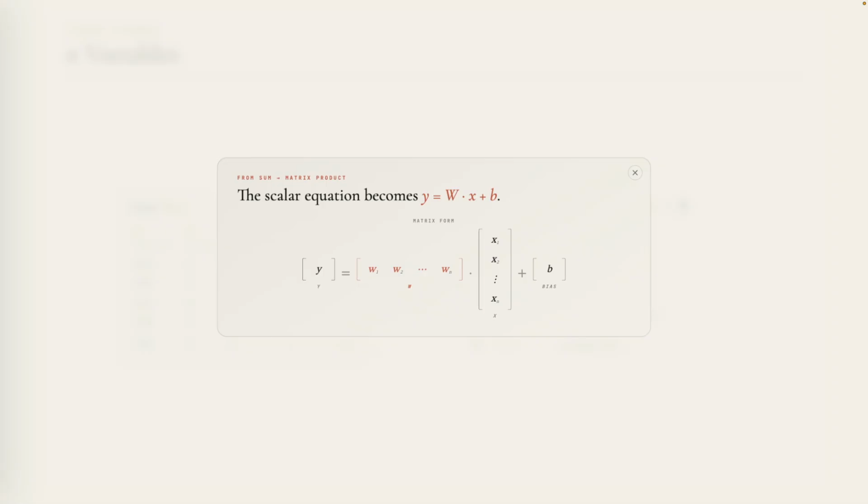That's our weight vector, W. All the inputs stack into a column, the input vector, X. Multiply them together, add the bias, B, and the whole long equation collapses into something small and neat. Y equals W times X plus B. One compact line, and it does the work of all those additions.